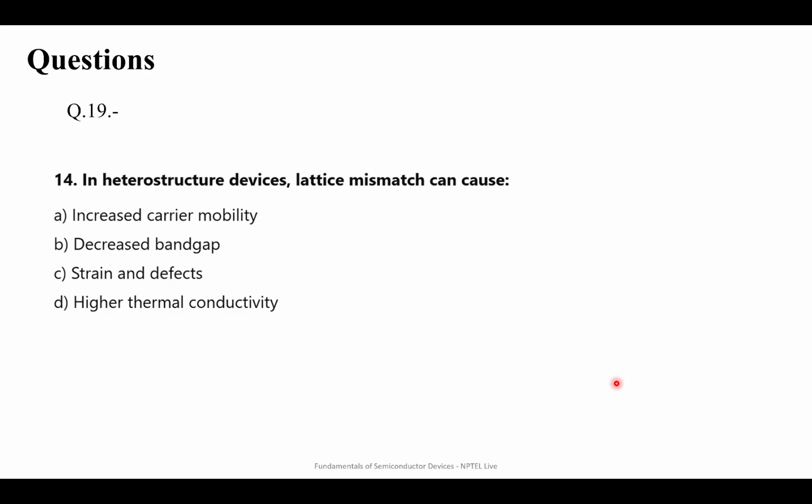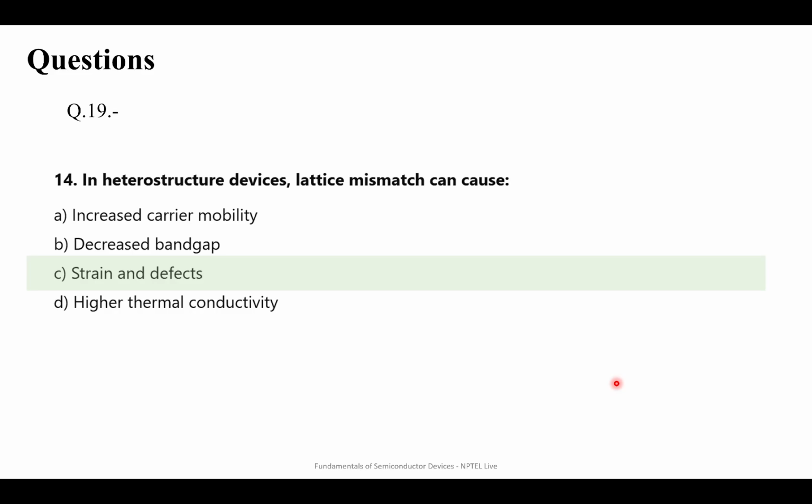In heterostructure devices, lattice mismatch can cause increased carrier mobility, decreased band gap, strain and defects, higher thermal conductivity. The strain and defect, sir. That is correct. The answer would be strain and defects.